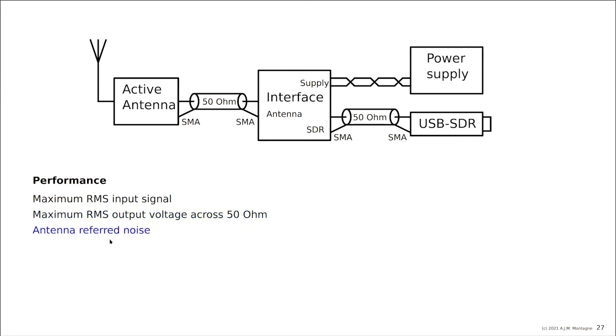We have specifications for the antenna referred noise in the sense of spectral densities that were allowed at different frequencies. Output impedance: because the cable was very long, we needed to drive it with its characteristic impedance, so the output impedance would be 50 ohm.